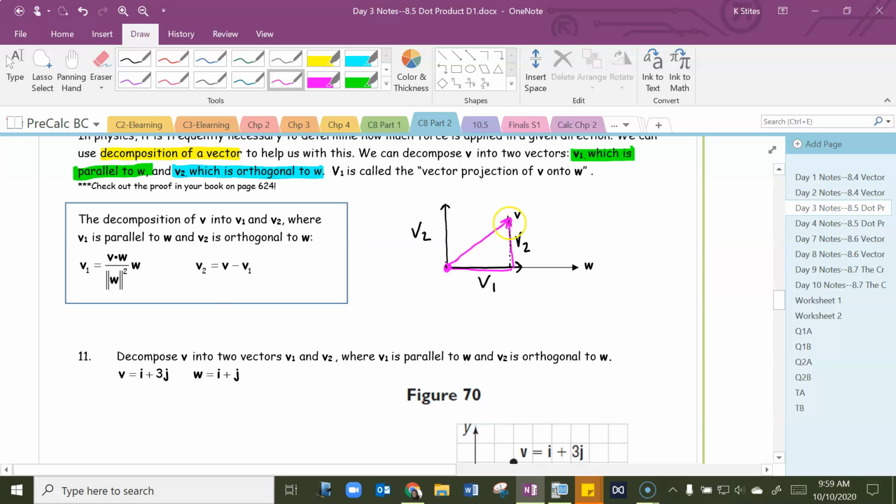And so we can say that V1 plus V2 is V. And then if you look at this formula right here that I've given you, it's just because we subtracted V1 on both sides.